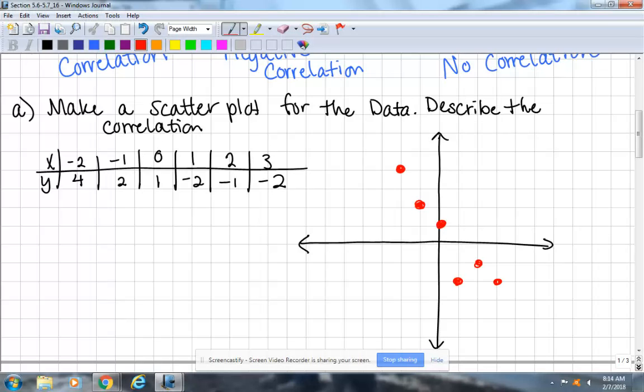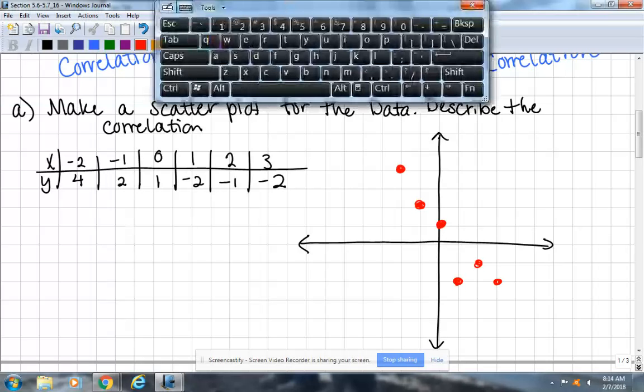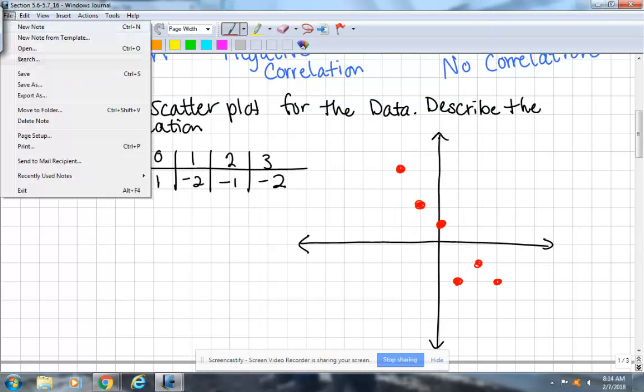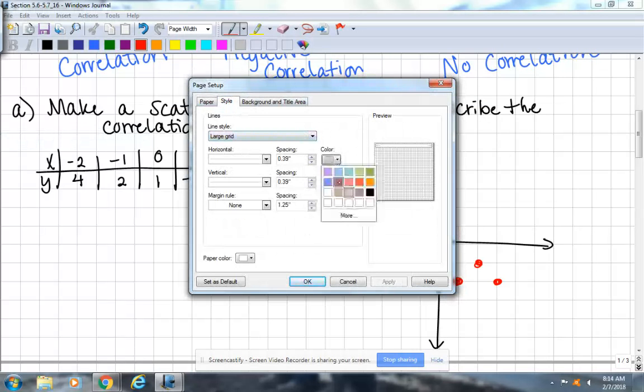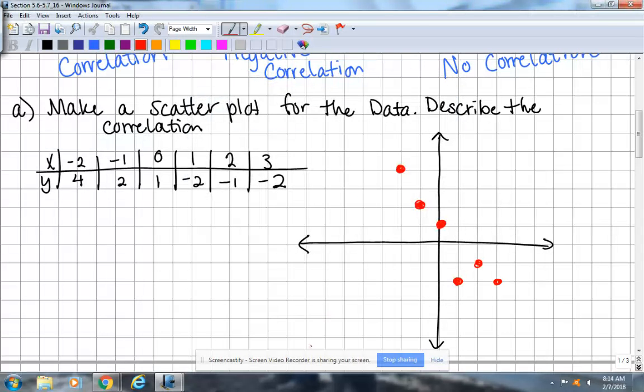Might help you guys if I make my lines darker, so I'm going to do that real quick. That's a little better.